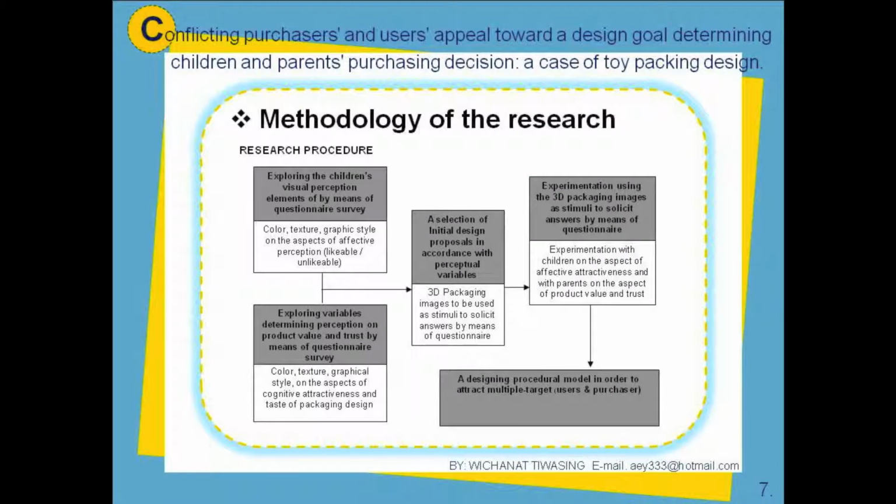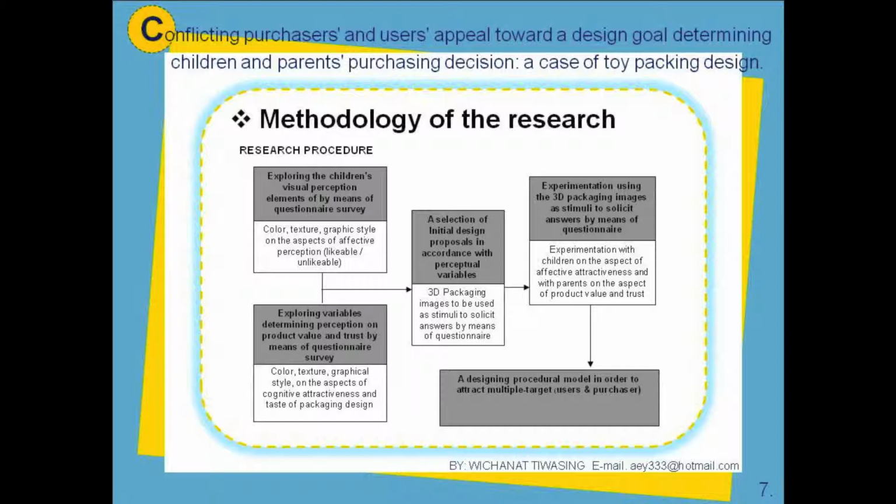Methodology of the research. Firstly, exploring the children's visual perception elements by questionnaire survey. Secondly, exploring variables determining perception on product value and trust of parents by questionnaire survey. Next, a selection of initial design proposals in accordance with perceptual variables.